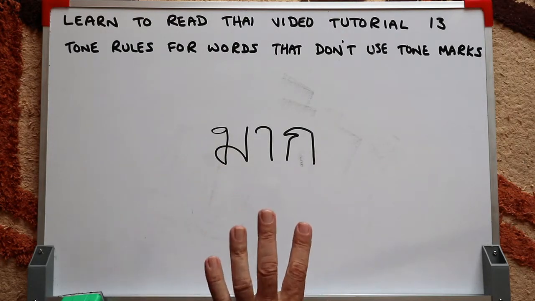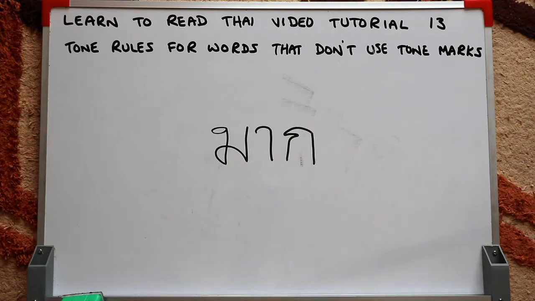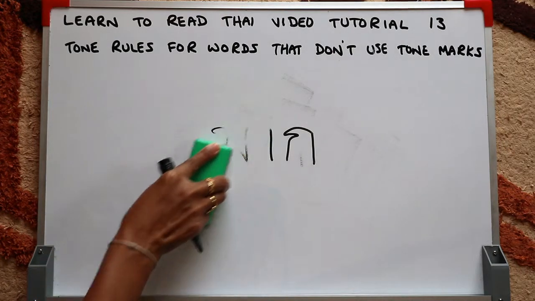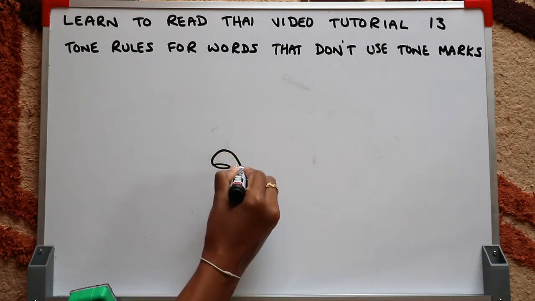It's a long vowel, but the syllable is actually dead because it ends with a K. So the tone rule for a low class initial consonant, a long vowel and a dead syllable is falling. So when Pom says that, the energy goes into the first part of the word, then it falls away. So just one more example.